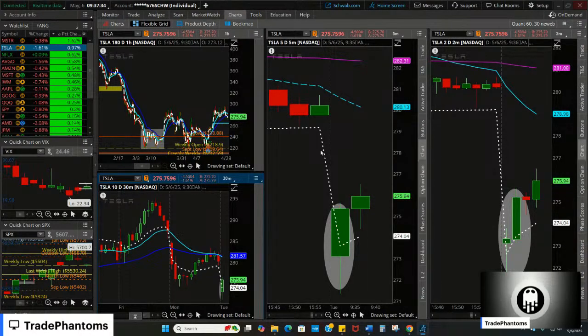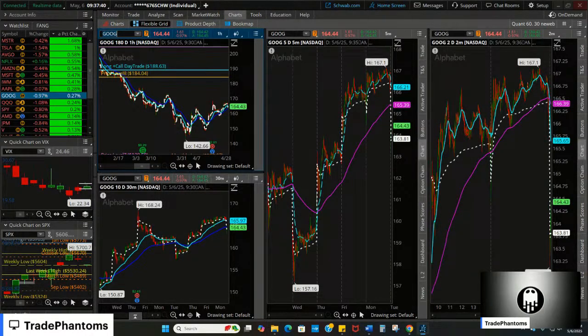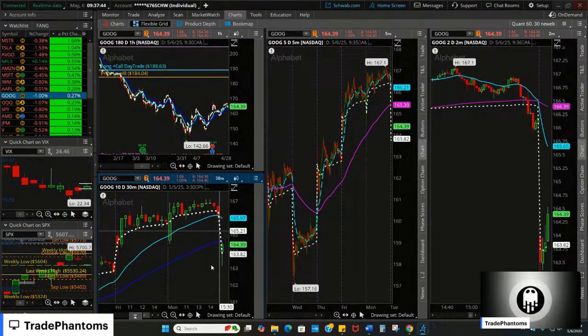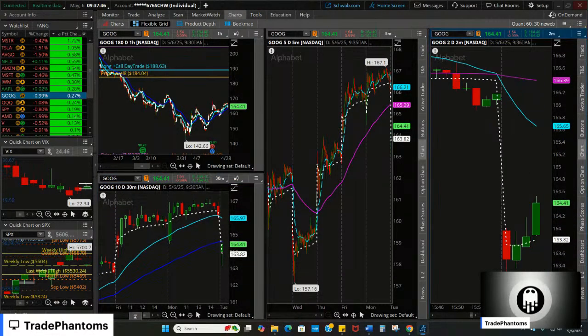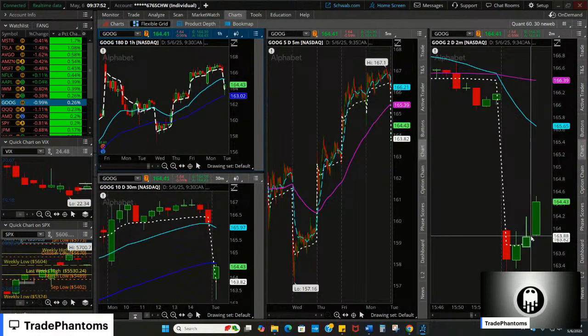Google breaking out opening print high. So this is what I was mentioning on the pre-market prep as, we're gapping down. However, gapping down to some levels.